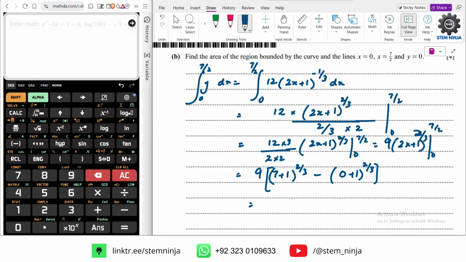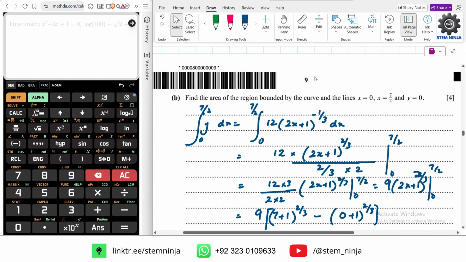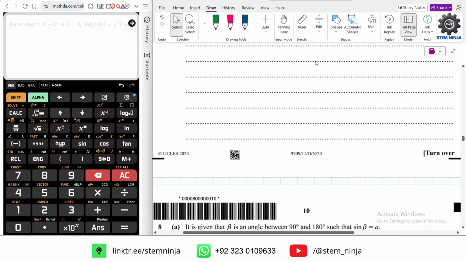So the cube root of 8 is 2, and 2 squared is 4, and this would be just 1. So 1 raised to the power of anything is just 1. So 9 times 3 is 27. Okay, so that's B. Right, I think that's it for this question.